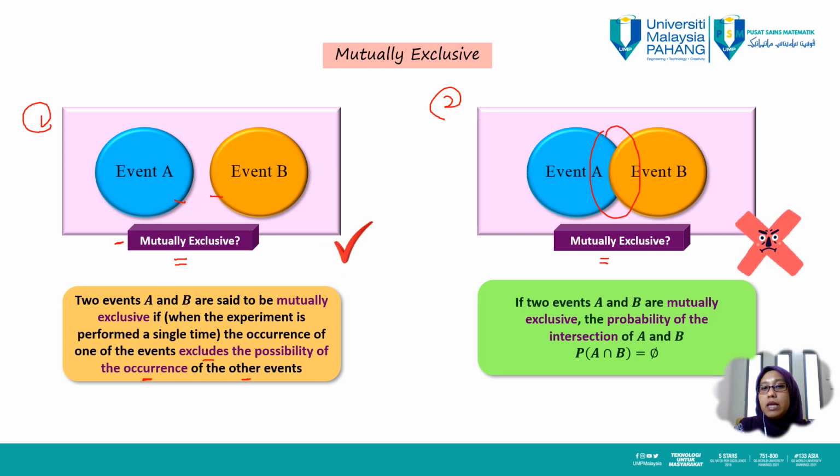If events A and B are mutually exclusive, the intersection A intersect B is equal to the empty set or null set. Why null set? Because mutually exclusive means no intersection. That's why A intersect B is equal to the empty set.